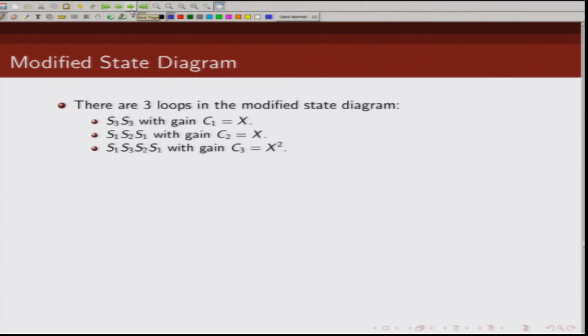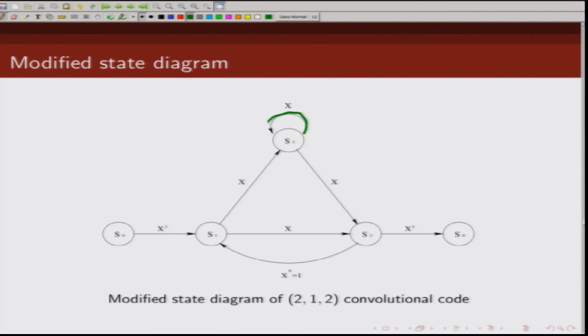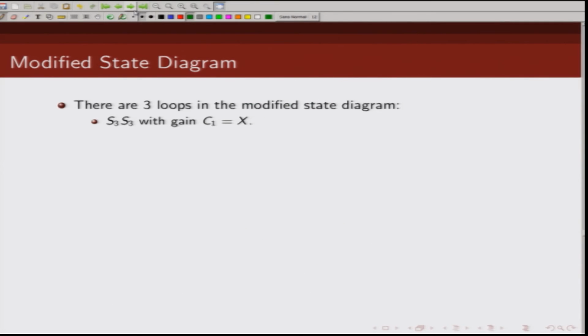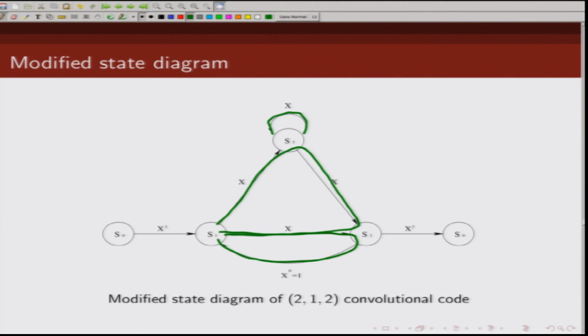One is a self loop around this state S3, whose gain is X. Next one is S1 S2 S1, this one, and the third loop is given by this.